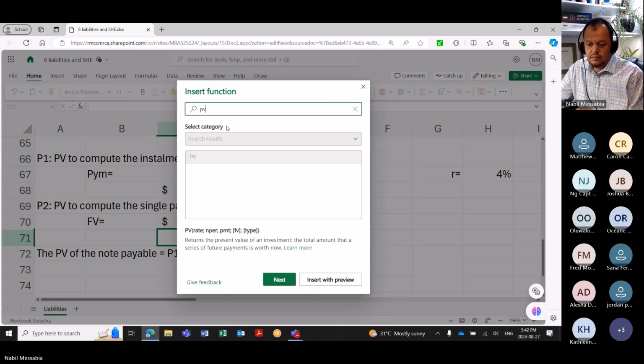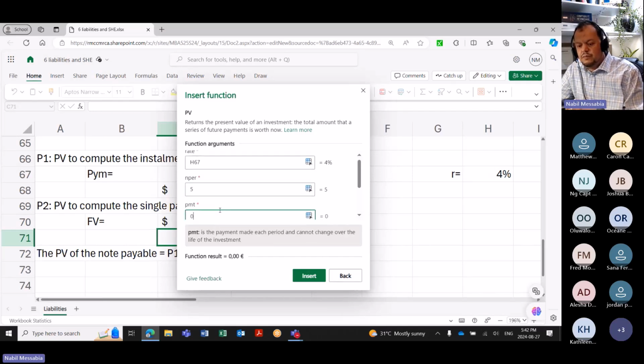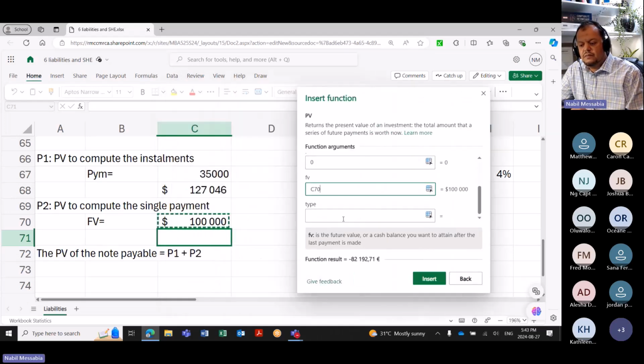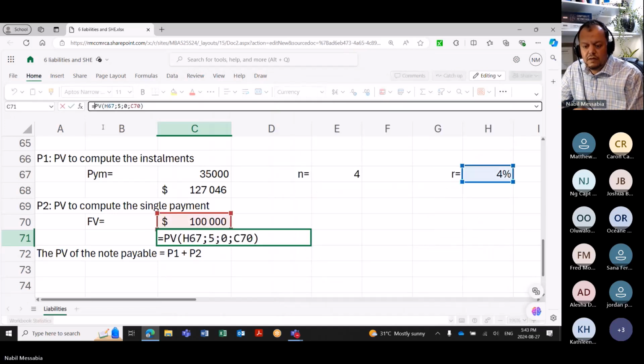PV, rate 4%, number 5, right? 5 years, within 5 years. Payment 0, and the future value is 100,000. Insert. Okay.